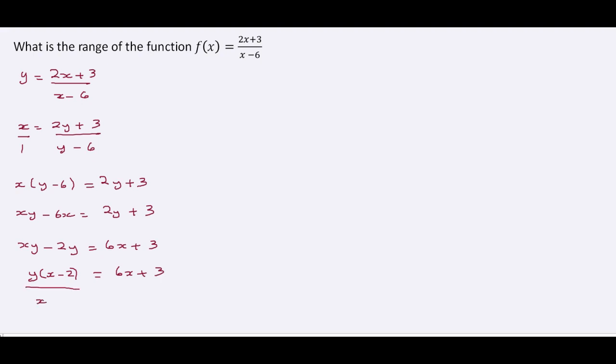Divide both sides by x - 2. So we have y equal to (6x + 3)/(x - 2). Therefore, f inverse of x equals (6x + 3)/(x - 2).